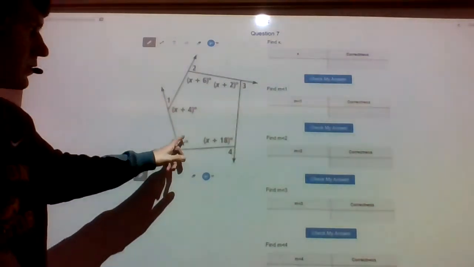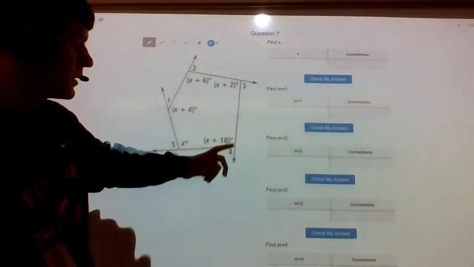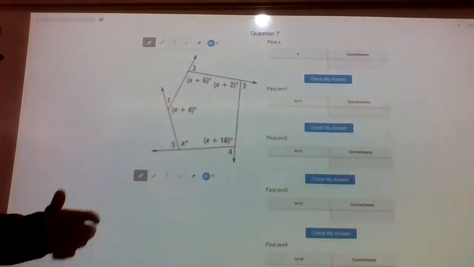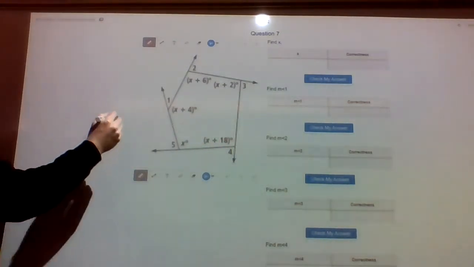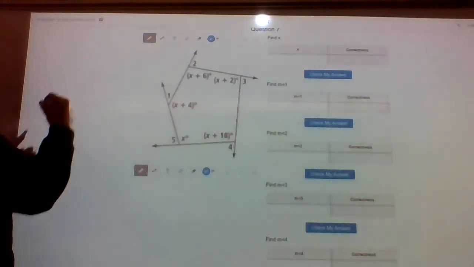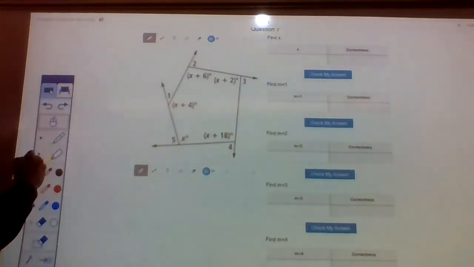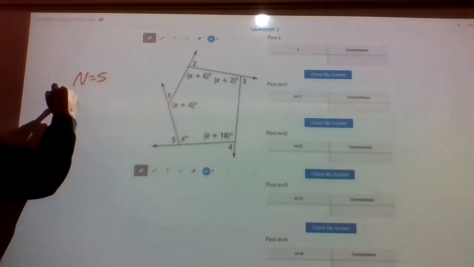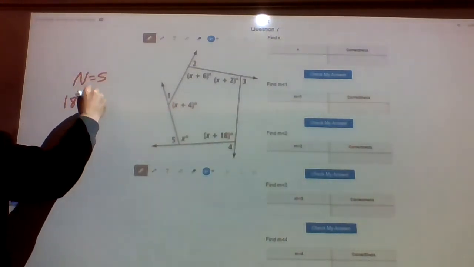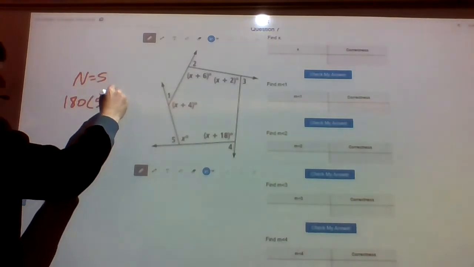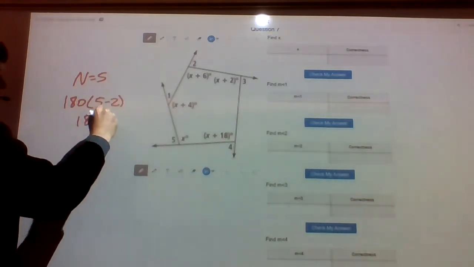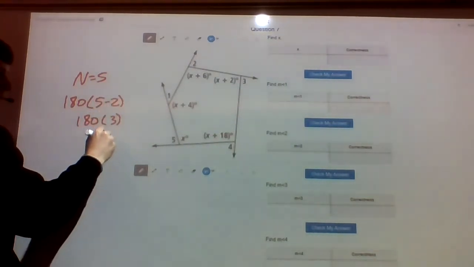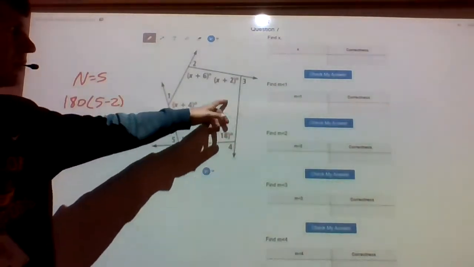So you're going to do x plus 4 plus x plus 6 plus x plus 2 plus x plus 18 plus x equals 540. Again, we know it's 540 because n equals 5: 180 times 5 minus 2, n minus 2, 180 times 3 is 540.